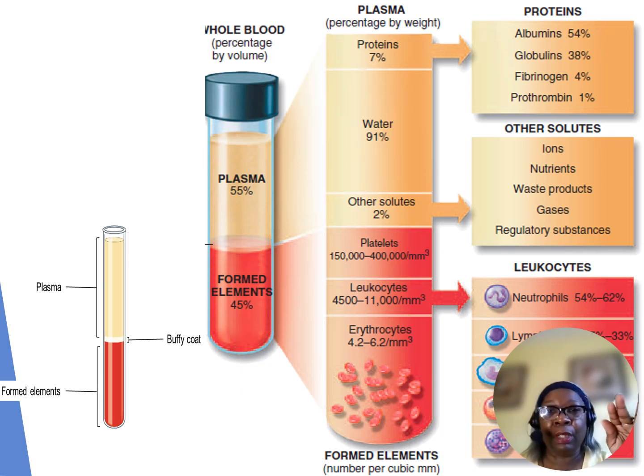NCLEX won't test you on this, but this is the type of background information that you need to know in order to think critically when considering the answers to the questions you may be asked. So it's not going to ask you what's the white band, but you need to know what that white band is.